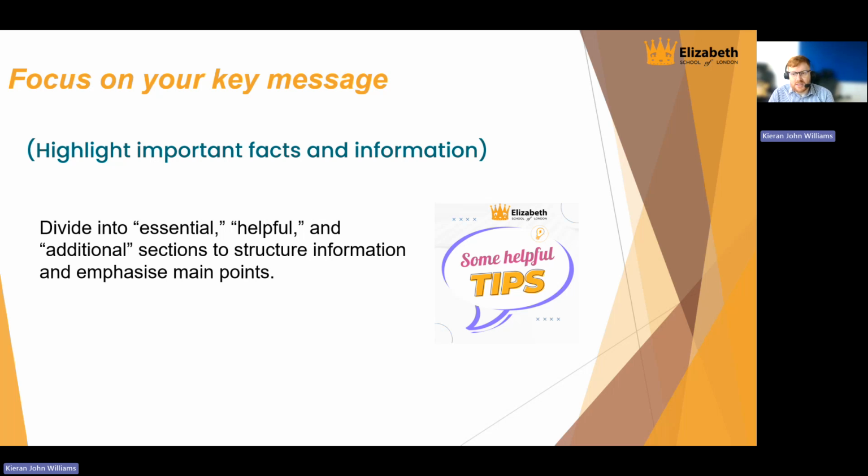And if there is some information that it would be nice to include if there is space, but it's again not super important, then put that in another section which you could call additional information. Okay, so when you are creating your poster, you include the essential stuff, you include the helpful stuff if you have a bit of space, and if you have a tiny little bit of space left over, that's where you could include some of the additional information.